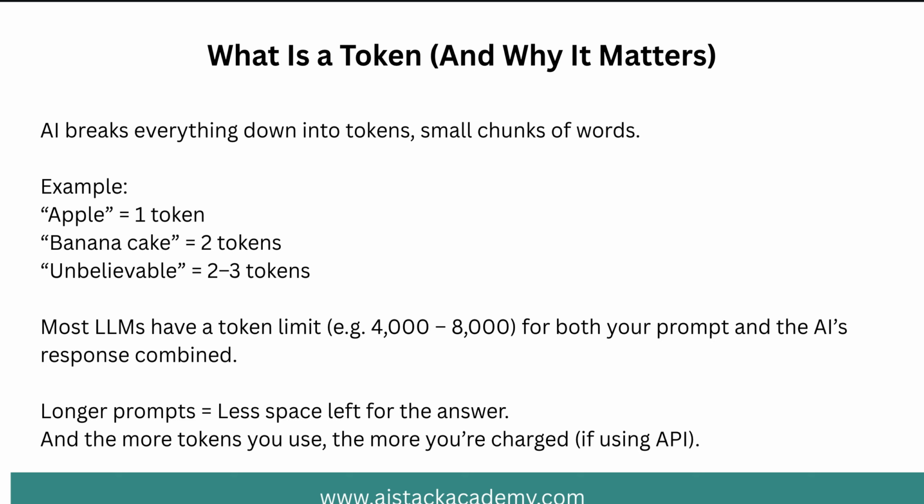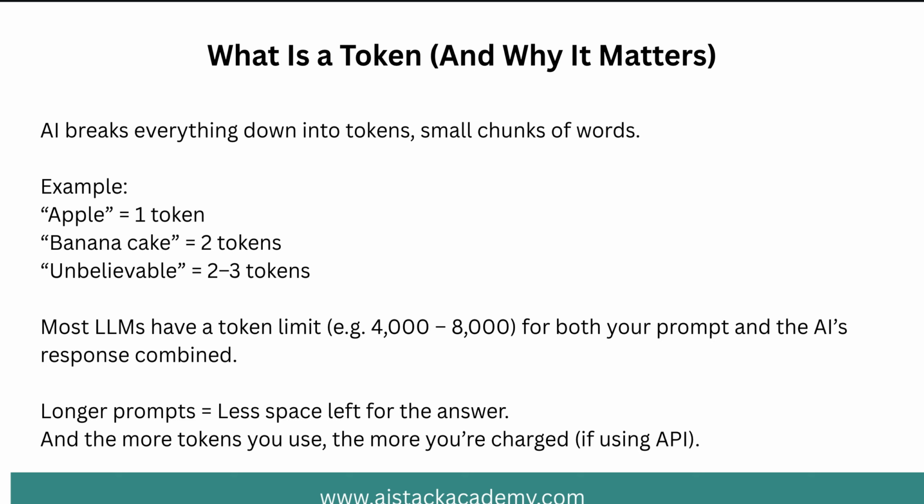Now, one thing you should understand here, which is very important, is that every prompt and answer has to fit within a token limit. Most LLMs have a token limit of 4,000 to 8,000 for both your prompt and the response.